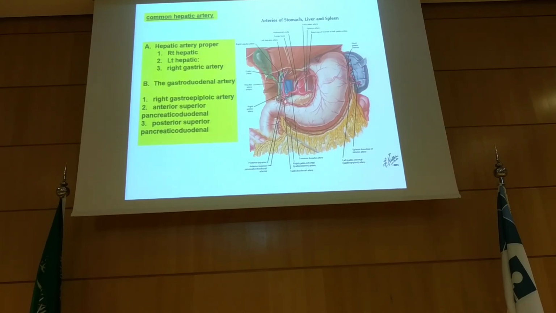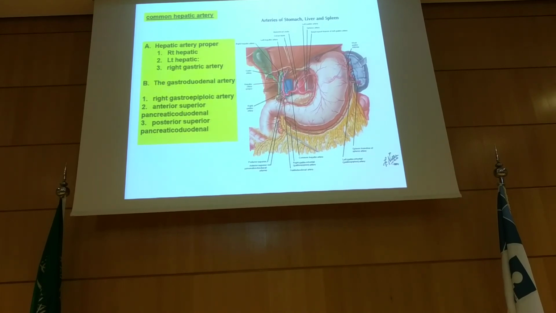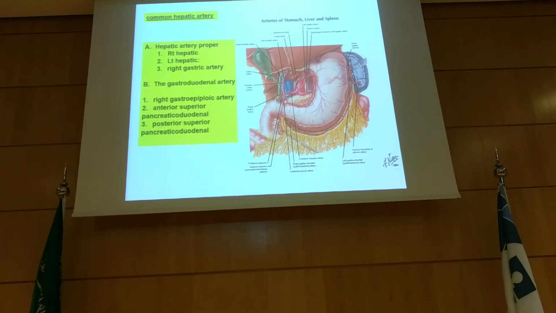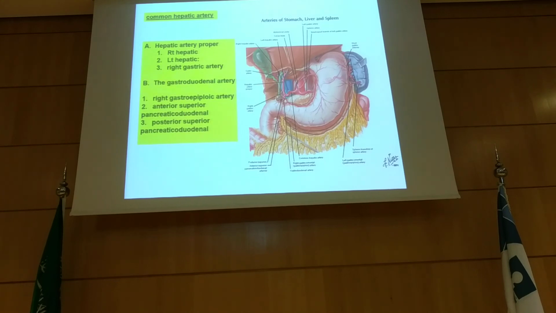From there we'll have the right gastric. And then the gastroduodenal will continue down as the right gastro-omental or epiploic artery. Okay? Before it continues as the right gastro-omental artery, it's going to give us the pancreatico-duodenal artery to supply the pancreas and the duodenum.